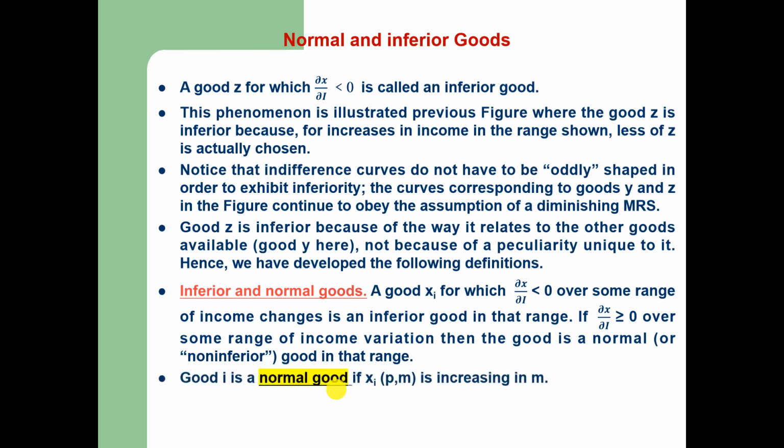Similarly, we may also define good i as a normal good if the Marshallian demand curve is increasing in income, that is M, and it may be defined as an inferior good if Marshallian demand is decreasing in income or budget of the consumer. So, ladies and gentlemen, this is a very informative and very easy analysis regarding change in income and classification of goods into normal and inferior goods.